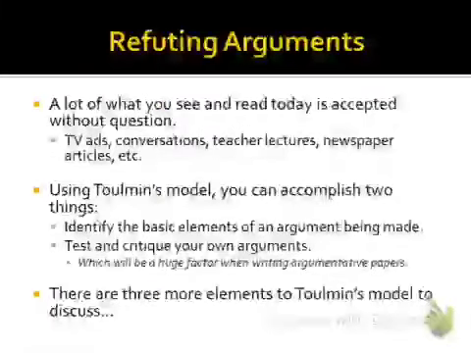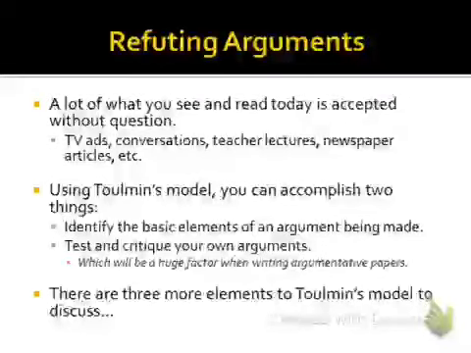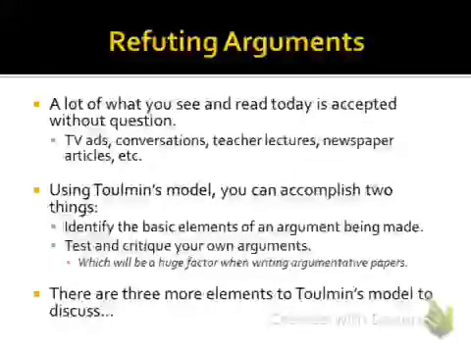So the key thing here too is to look at refuting arguments. A lot of what we see today is accepted without question. And there's that commercial that says, if it's on the internet, it's true. So TV advertisements, conversations that you participate in or eavesdrop on, things that even your teachers say or the newspapers print, you accept as being truthful without really questioning it.